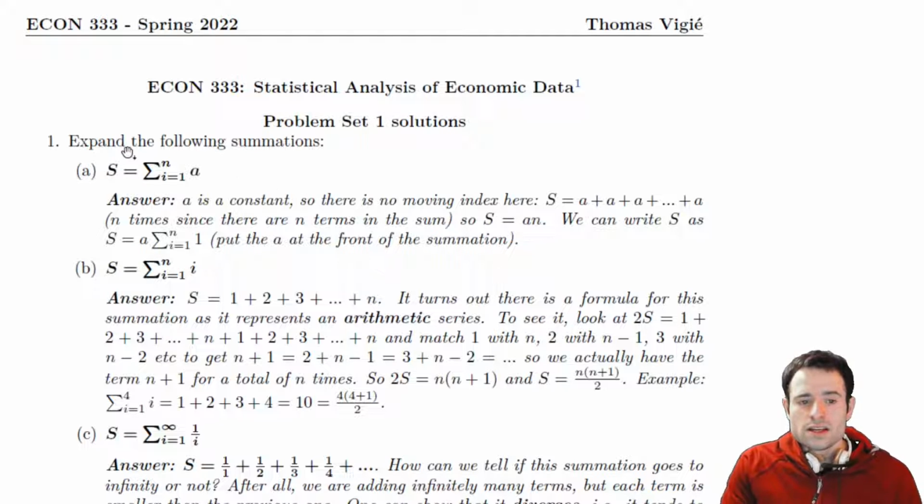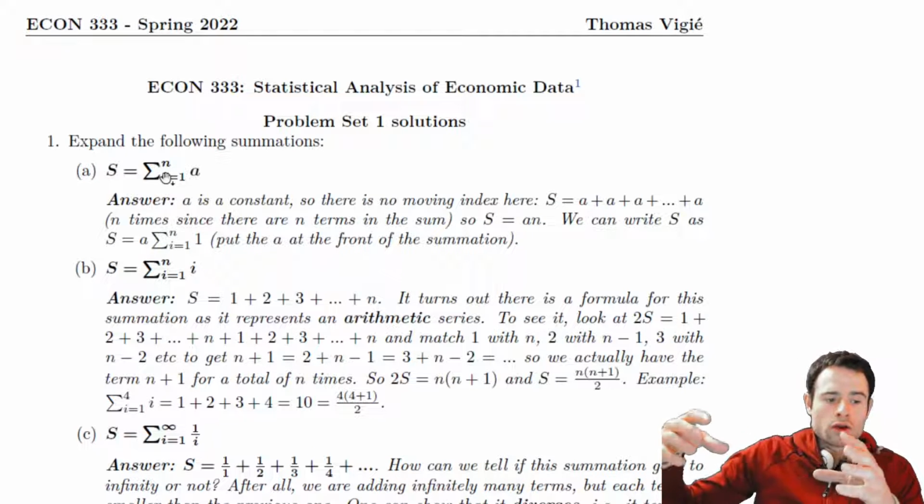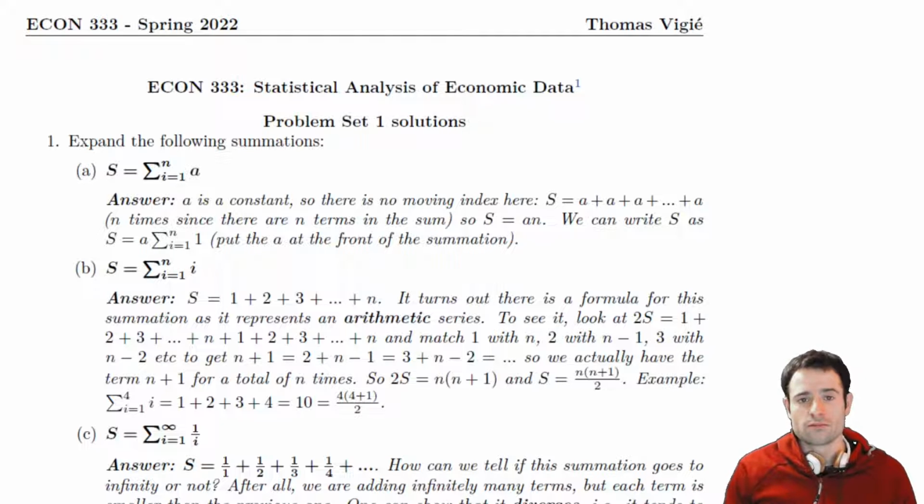In fact, since this is a summation and the number a is inside every time, you can take the number a outside of the sum, like I do here, and replace what's inside the sum by the number 1. This is just a factorization. Remember that the sum is just a convenient way to write down a long formula. That's just it.